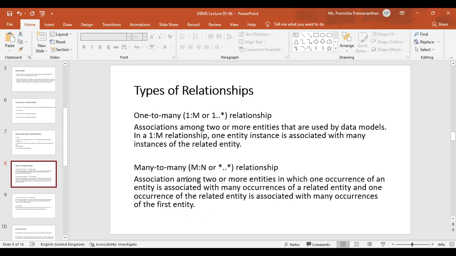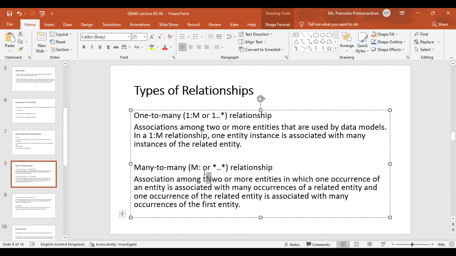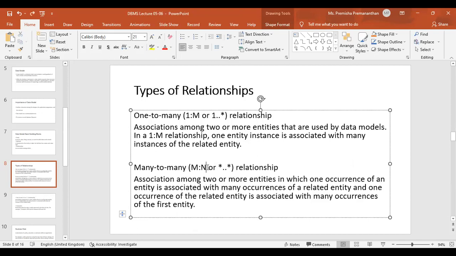So many to many relationship. You can use M to N. Don't forget, capital N, not M to M, sorry. It's M to N or asterisk on both sides, or else you can write many to many. Many to many is an association among 2 or more entities, where in both entities the instances have to connect to 2 or more entities, okay?